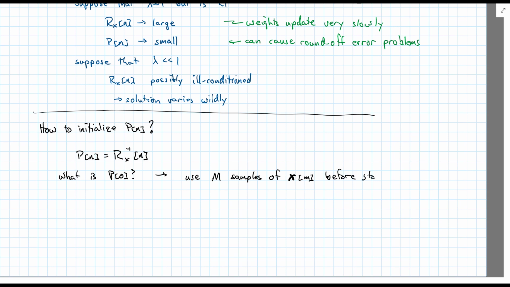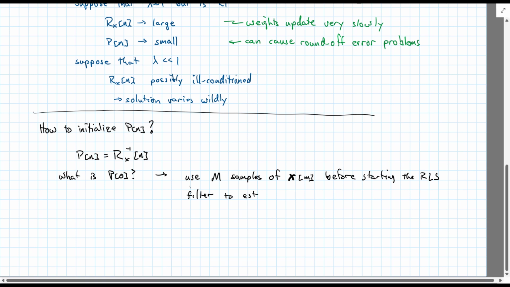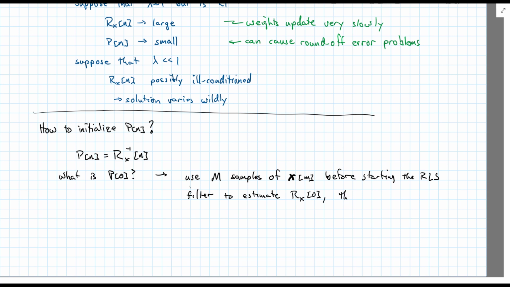We use M samples of x before starting the filter to form an initial estimate of Rx of 0. Then we just compute the inverse. Then P0 is equal to Rx of 0 inverse. One solution.